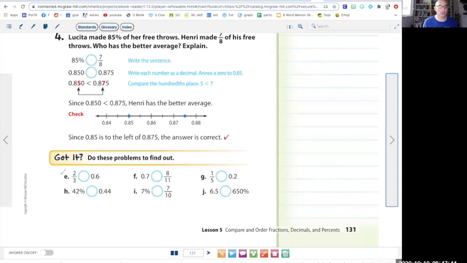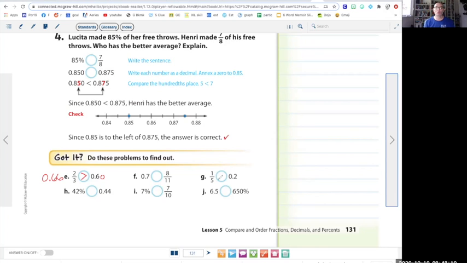So 2/3 is really the same as 0.66, and those sixes go on forever, but just 2 6s is enough right now to compare, because if I'm comparing 0.66 with 0.6 nothing, so I could put a 0 here, right? Because 0.6 is the same as 0.60. So now it looks like 66 compared to 60, so clearly this one is bigger.